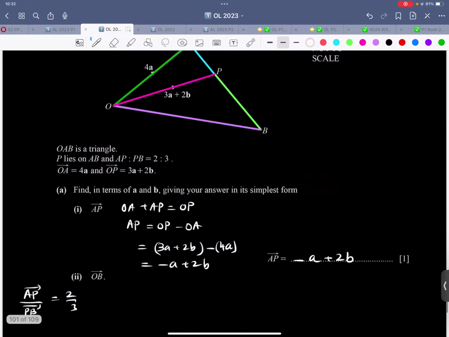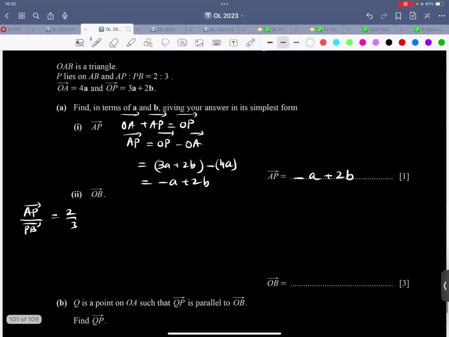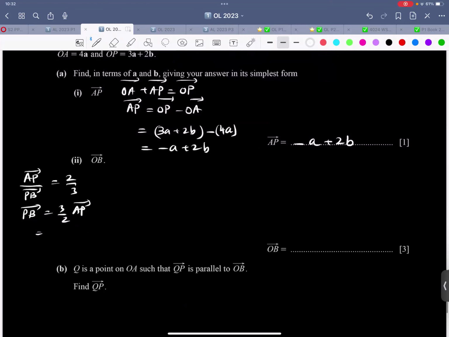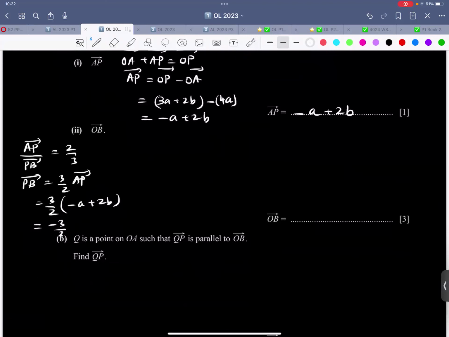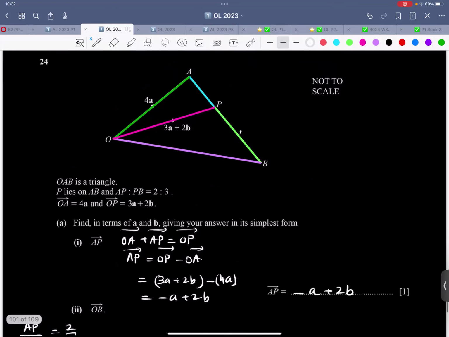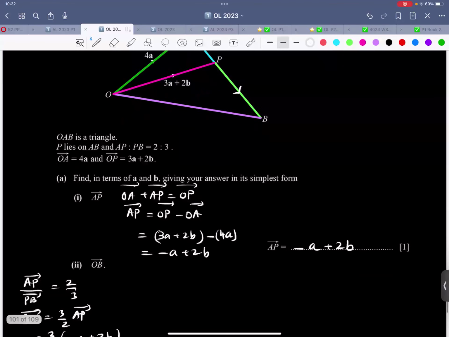Therefore, if I have AP, and let me put all the arrows before I forget and lose marks, PB is 3/2 AP. So 3/2 multiplying with AP, which is negative a plus 2b. So this is negative 3/2 a, and the 2s cancel, that is plus 3b. This is PB. Now connect the dots. OP plus PB is OB.